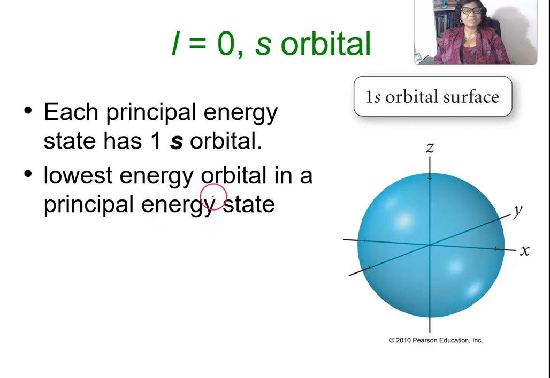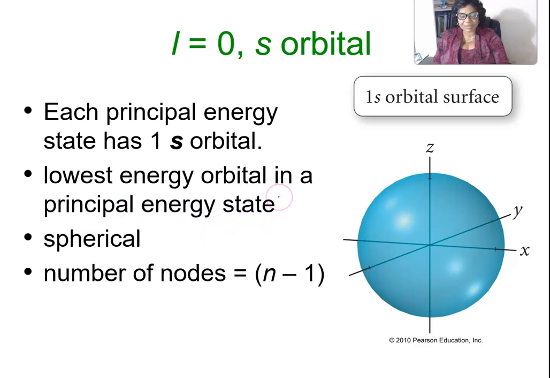This is the lowest energy orbital in the principal energy level. It has the lowest energy. Then it is spherical, and it has nodes where you will not find electrons. So the number of nodes is n minus 1. As you go higher, you have some areas in the s orbitals where you will not see electrons. We call that nodes.